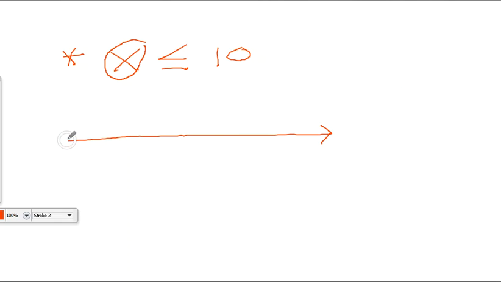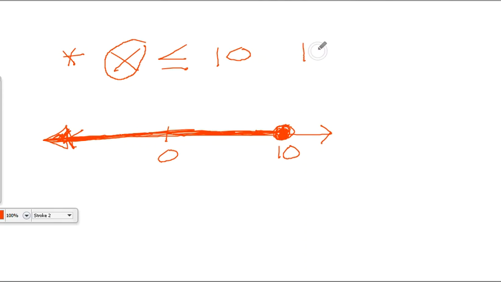So if this is our number line, and this is 0, and this is 10, if we graph the solutions of what x can be, well, x can be anything less than 10. So all of these numbers would give us a true statement. And it can also be 10.